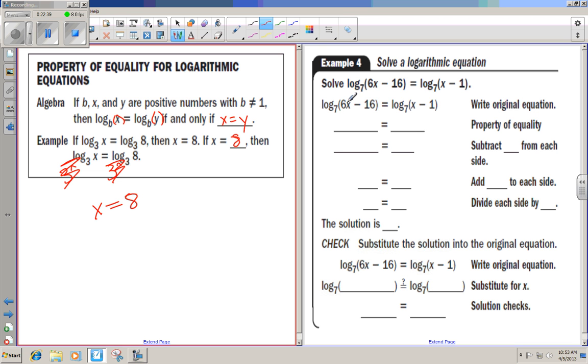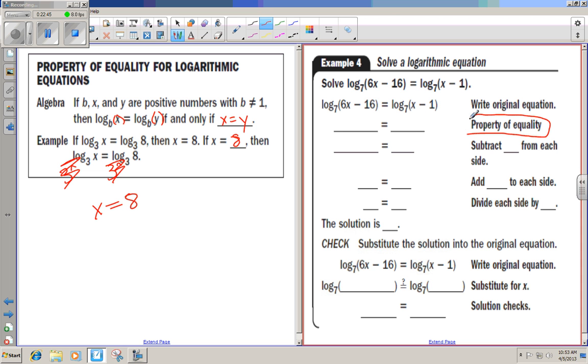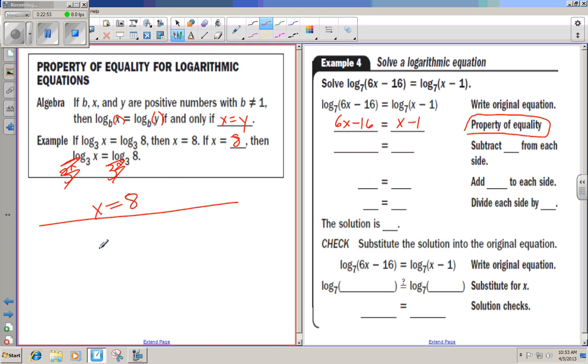You can just logically know, log base 7, the property of equality says that 6x minus 16 is equal to x minus 1. If you don't like that logical property of equality, just remember what undoes an exponential.